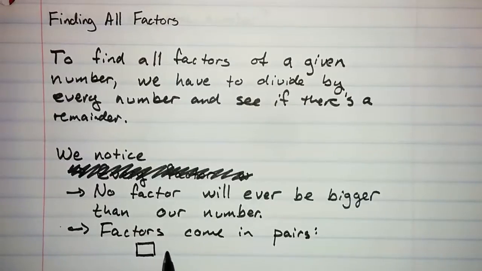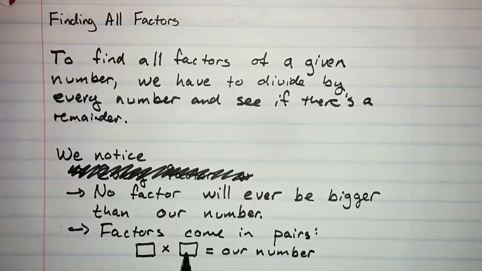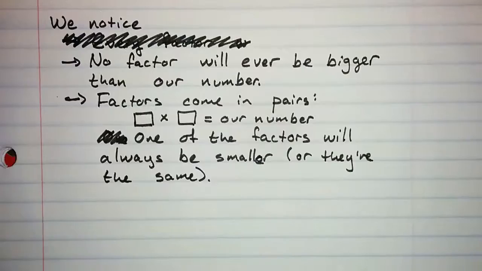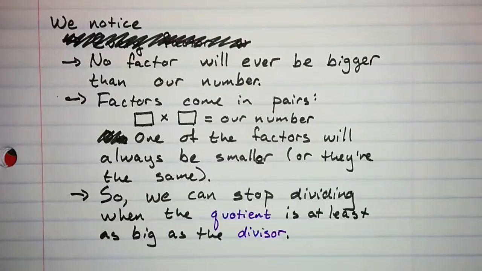But we can do even better than that, because we remember that factors come in pairs, right? Whenever we have a multiplication sentence, there are 2 factors that show up in that multiplication sentence. And of these 2 numbers, either they're the same number or one of them is smaller. That means if we start at 1 and divide by one number at a time, we can stop dividing once the quotient is at least as big as the divisor.